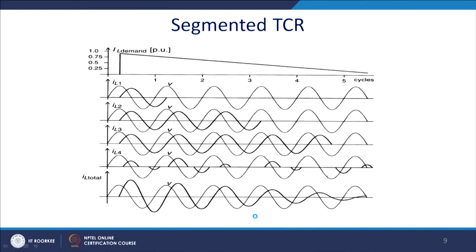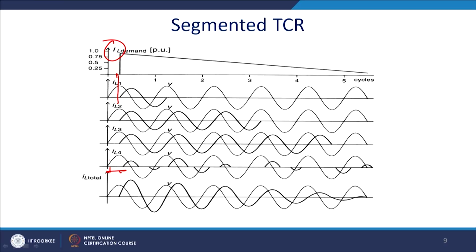So, what happened here? Let us see how the TCR works. This is the value of L, and you have a delay of 90°. So, this is L1, thereafter L2, thereafter L3, thereafter L4, and L4 will have alpha control, so you can change the alpha.